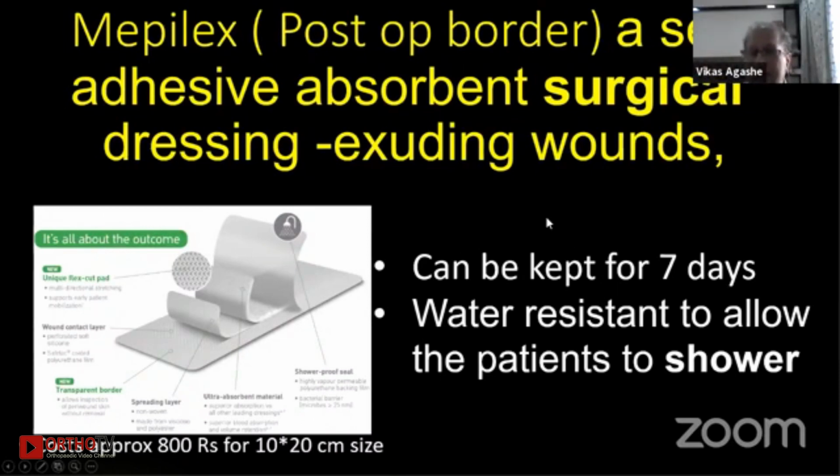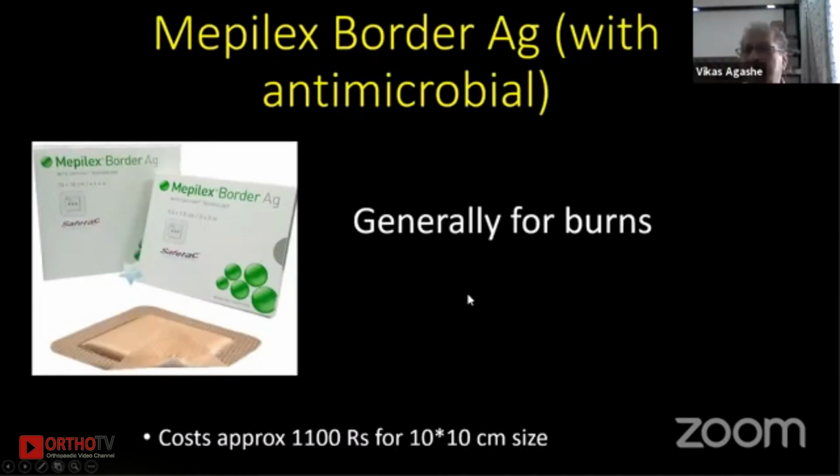It is water resistant, so again, patients can take a bath. It costs about 800 rupees per sheet. It also comes with silver, Mepilex Border Ag, often used for burns. It costs almost 1100 rupees for a 10 by 10 size.